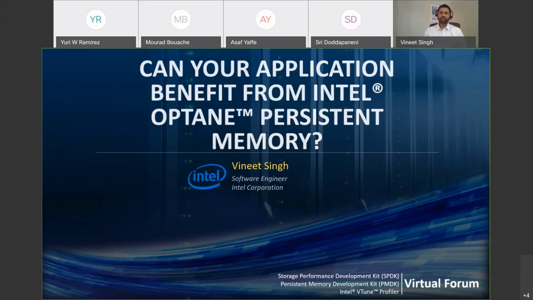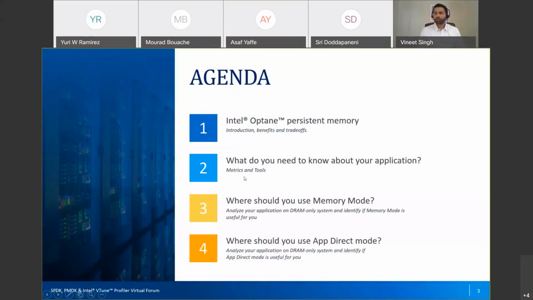And that's what I'll try to cover in this talk. First thing, I'll go over what are the things that you need to know about this new memory technology, what are the good things about it and what are the trade-offs about using this new memory technology.